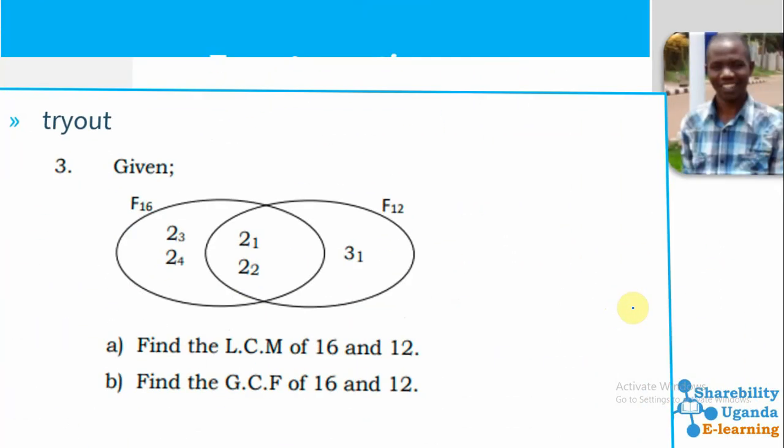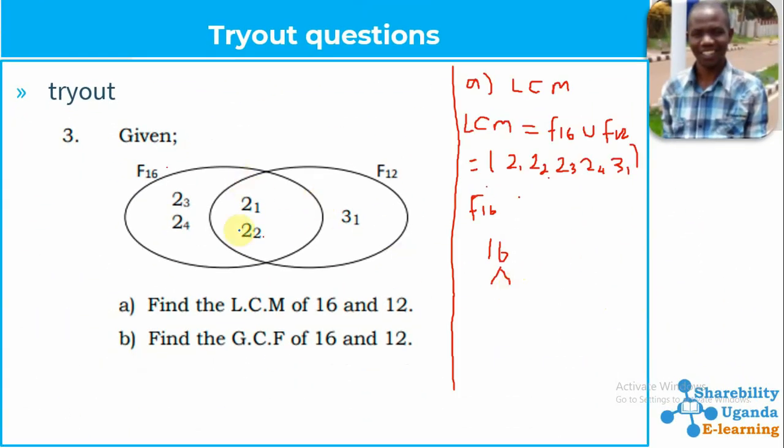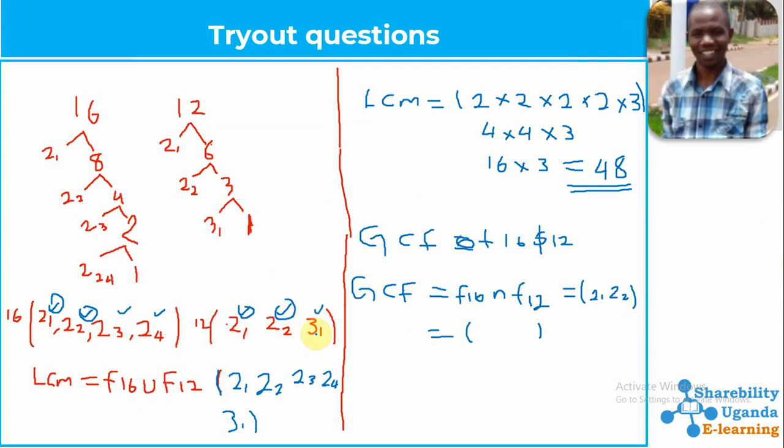To refer back to the question, the 2 is in the intersection. Now let's look at how we find the greatest common factor using prime factorization. Here we shall have 2 times 2, then we come up with 4, which is going to be our answer.